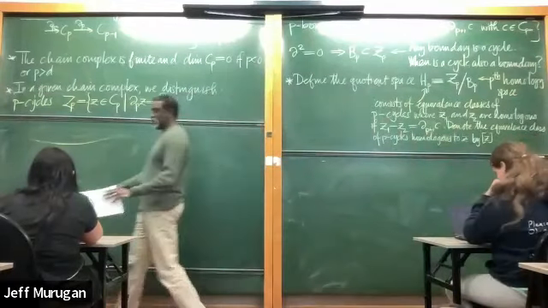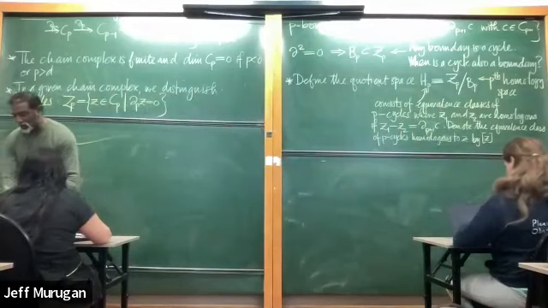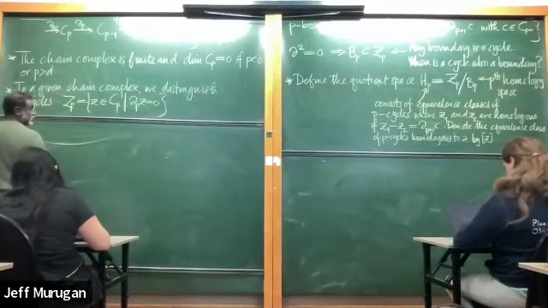In particular, one such topological invariant is something called the Betti number. Let me make a note of what I just said.